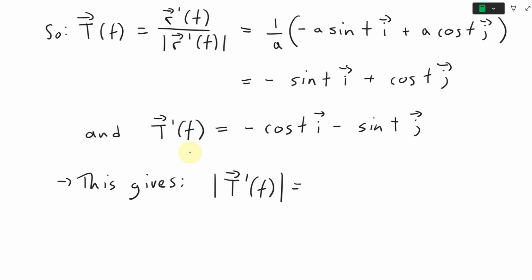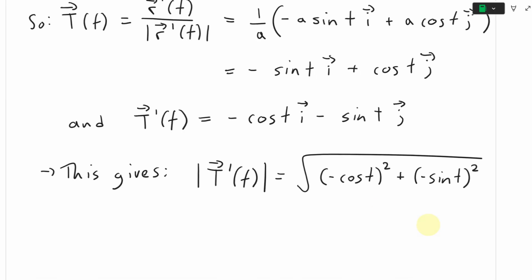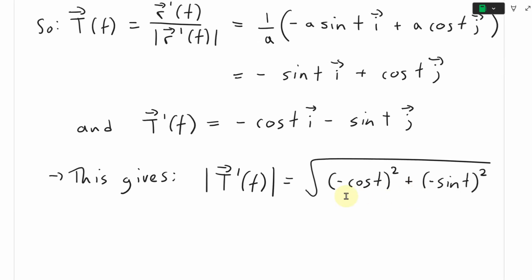This equals, again, put this in a giant square root, and now this is negative cosine t squared plus negative sine t squared, like that. And again, that just equals 1.